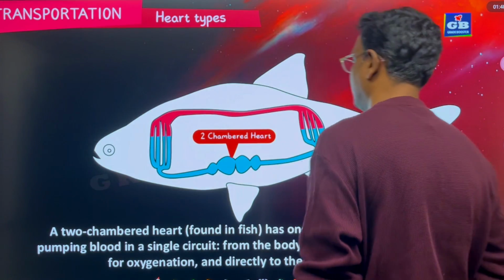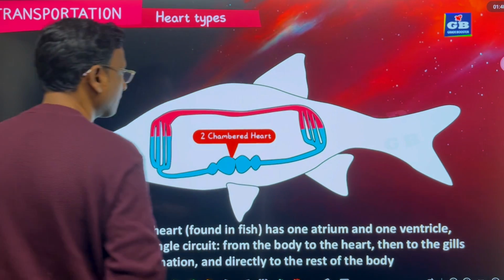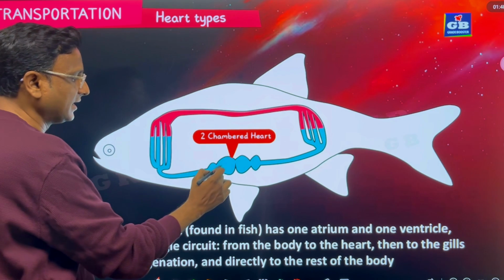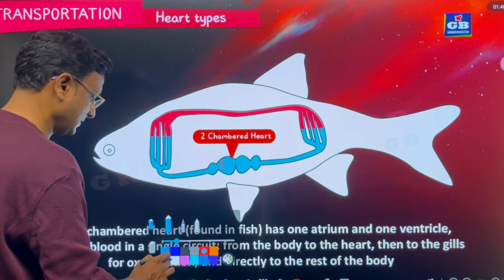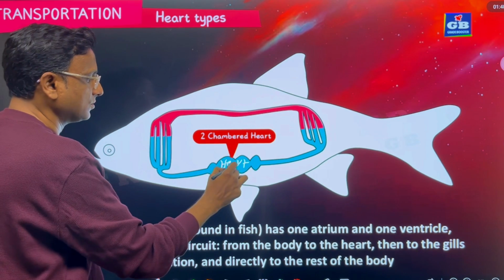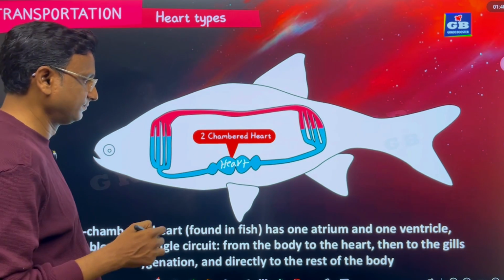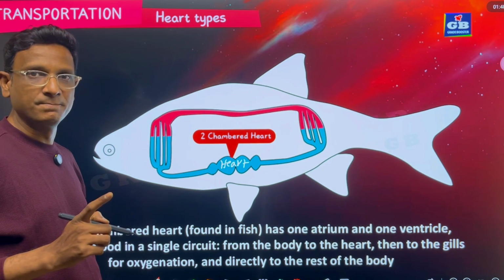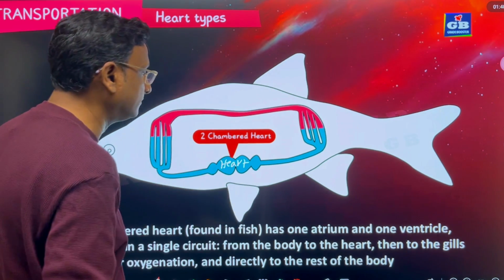Let us see in other organisms like fishes. So here we have a fish. See, this is the heart. So the heart has got only 2 chambers. One atria, one ventricle. But how does the circulation go on here?